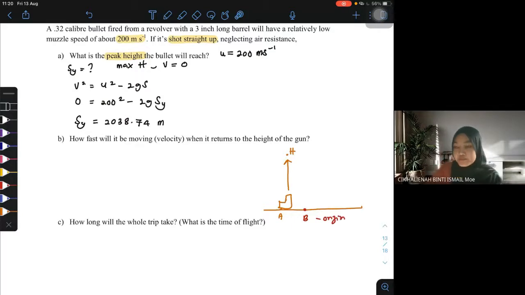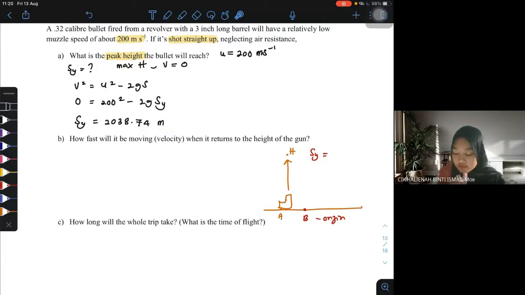When it returns to the origin, the value of Sy here is no longer the value we calculated earlier, 2038.74.